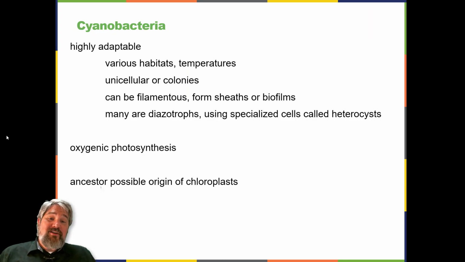Photosynthesis in cyanobacteria is oxygenic, using the same type of chlorophyll as found in plants and algae as the primary photosynthetic pigment. Cyanobacteria also use phycocyanin and cyanophycin, two secondary photosynthetic pigments that give them their characteristic blue color.